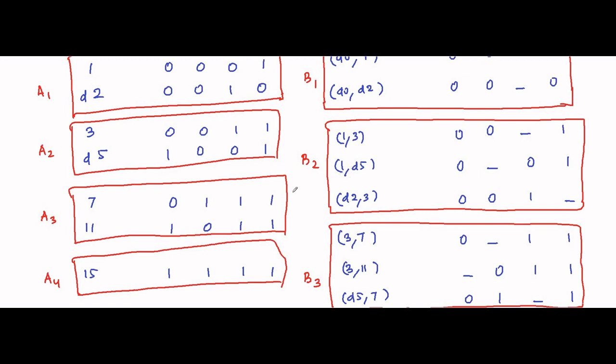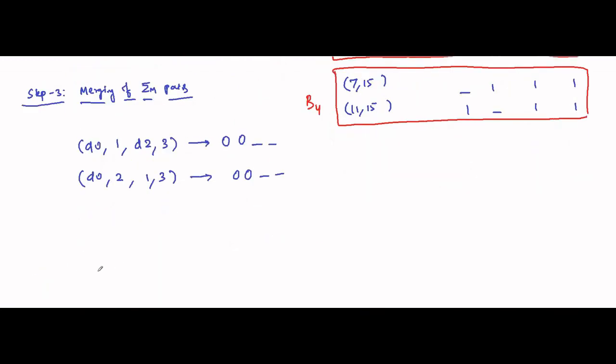Then in between B2 and B3 they are 13, D5 7. You can check it out if you want. That is 0 dash dash 1, the binary representation. Again, the position where there is 1 bit difference is replaced with a second blank space, dash. That's why we have 2 blank spaces here. Then we have 1 D5, 3 7, 0 dash dash 1, same binary representation.